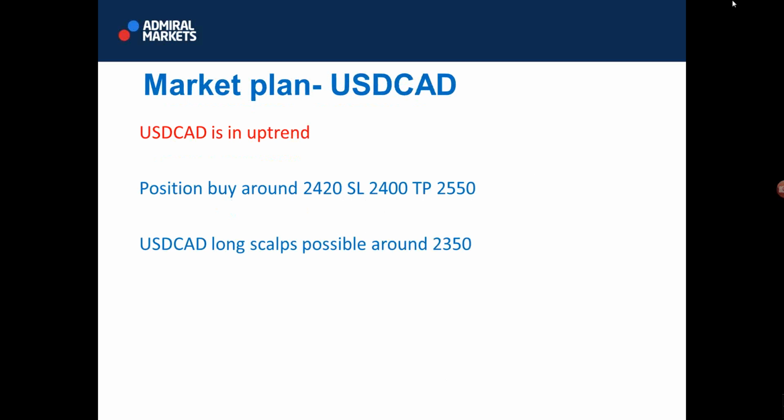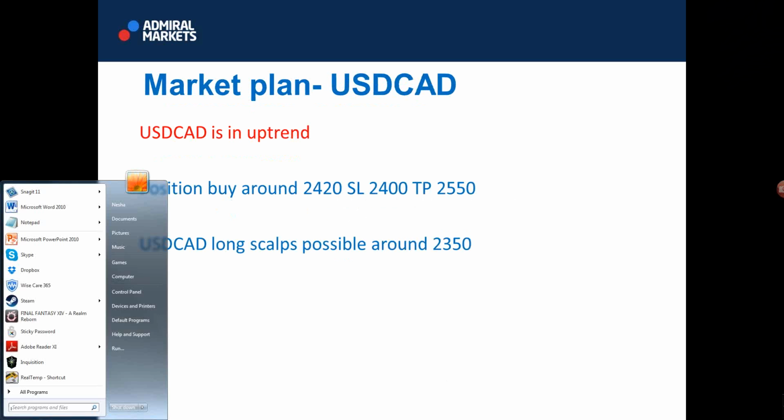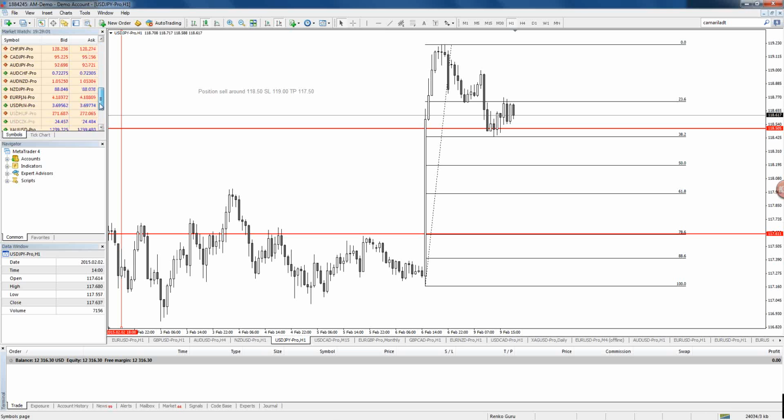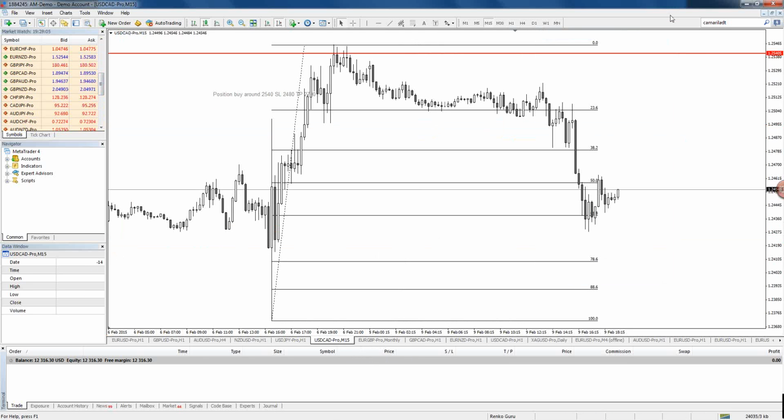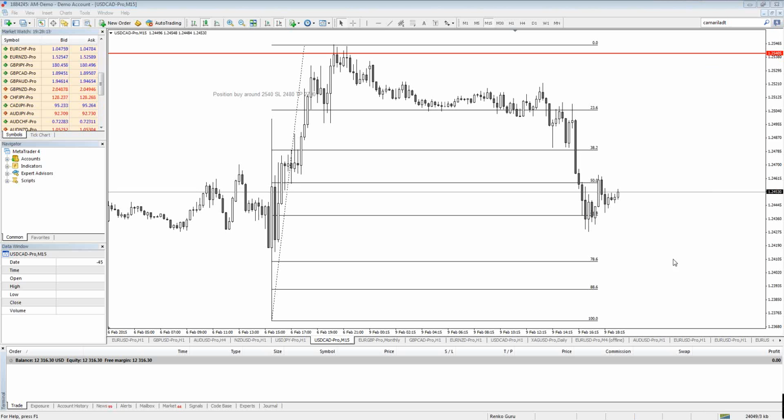Dollar CAD, again, the pair which I really think could jump off this level, 2420, 2400, 2550. So dollar CAD, this is dollar CAD, and yeah, it's trying to go to the upside now, but I wanted to give you this trade today, but I was trying to publish it on Forex Street, and I think it hasn't been published yet, but it will be.